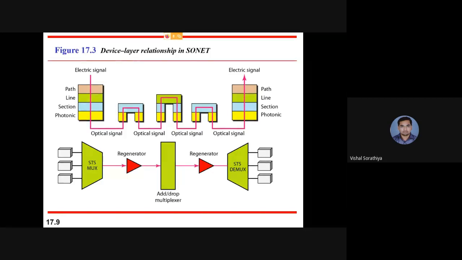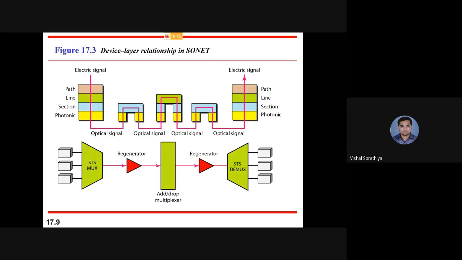Whenever there is device-to-device communication, for example from STS to regenerator or regenerator to add-drop multiplexer, one thing is always common: the photonic layer, which is present in each and every one.